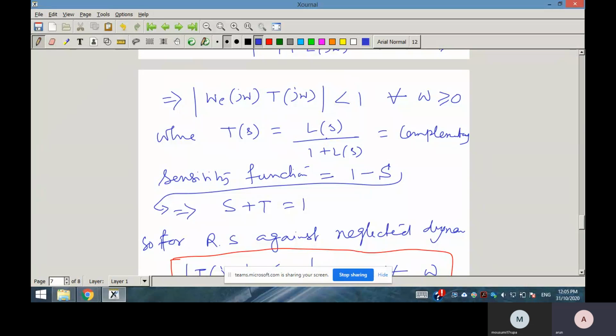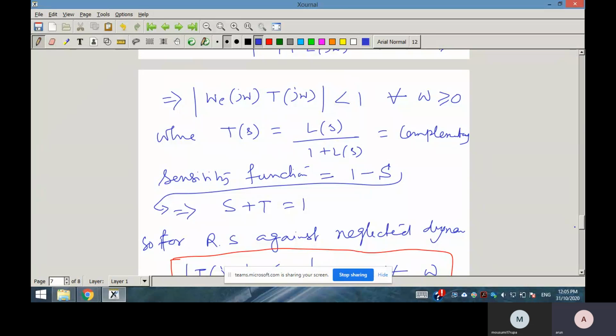So if L s is small, then T s will be small. The way to tackle unmodeled dynamics is to make T j omega small at high frequency, and that can be done by making L j omega small.